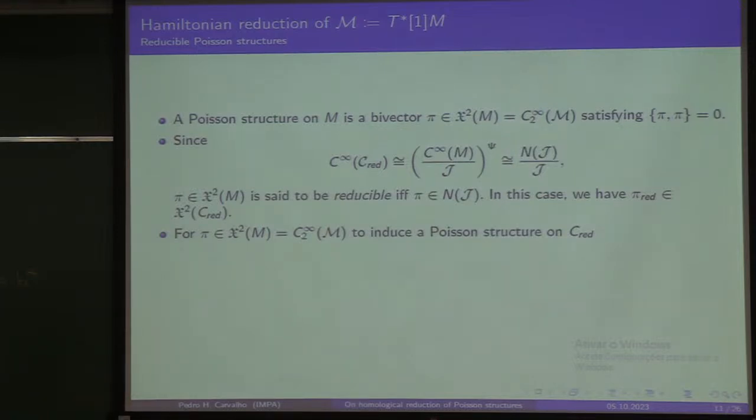But notice that for a bivector to induce a Poisson structure, since you take a quotient, right? When you go to the reduced space, you take a quotient. For something to satisfy this condition on the quotient, it's enough that this satisfies this, because you're going to quotient out this. So it's okay, you have this freedom here. And here I mean these weak Poisson structures that were considered by Lyakhovich and Sharapov, where you have some Poisson structure that is only Poisson when you restrict to somewhere.